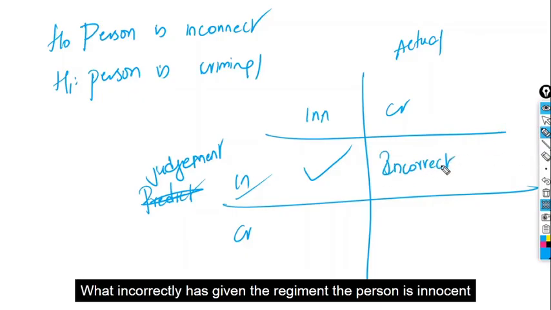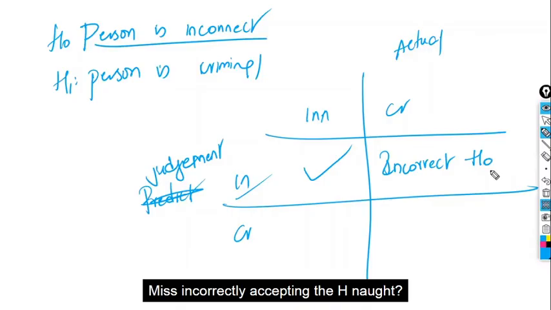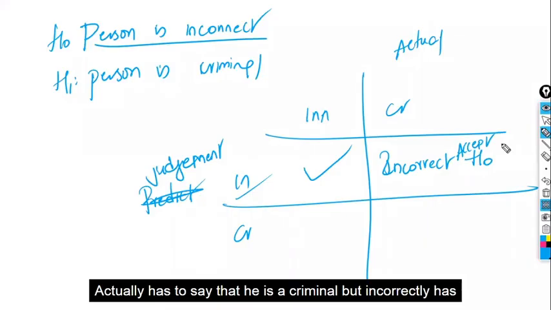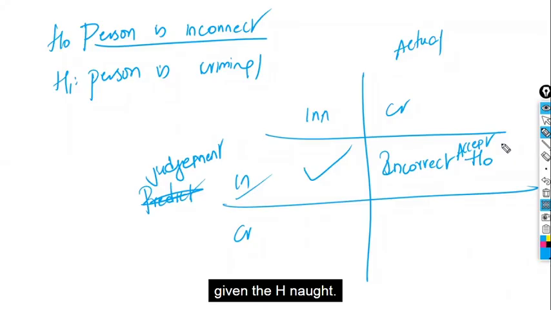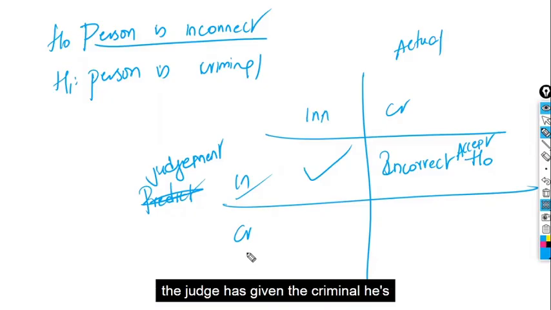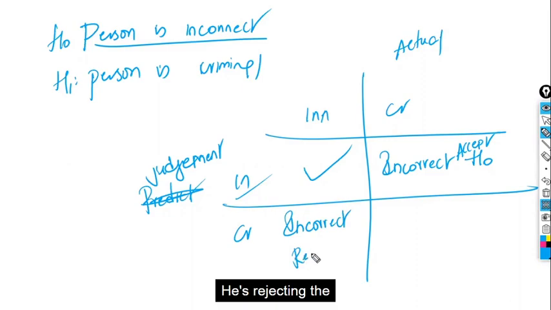Incorrectly he has given the judgment that the person is innocent, meaning incorrectly accepting the H naught. Actually, he had to say that he is a criminal, but incorrectly he has given H0. Likewise, if actually the person is innocent but the judge has given criminal, he is incorrectly rejecting the H0.